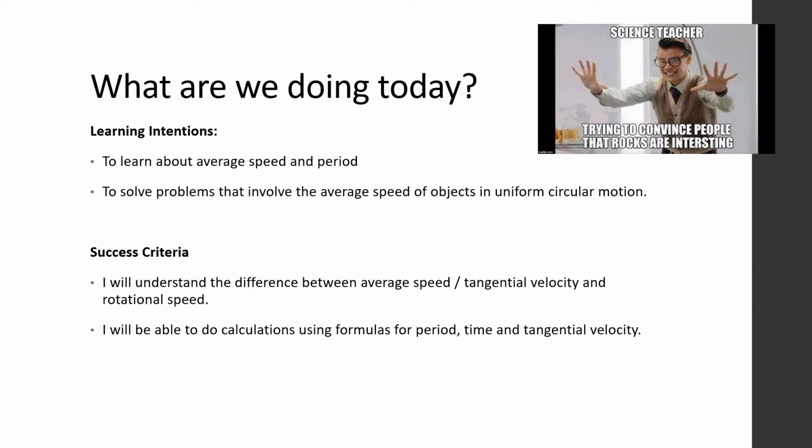You'll know you've achieved that if you can understand the difference between average speed and tangential velocity and rotational speed, and also if you're able to do calculations using the formulas for period, time and tangential velocity.